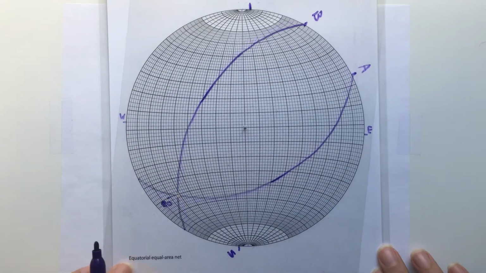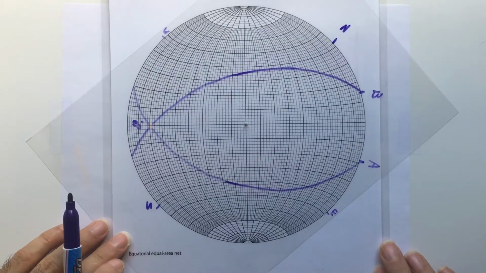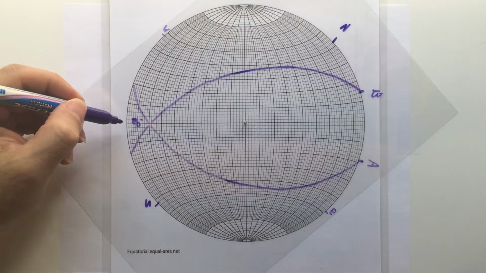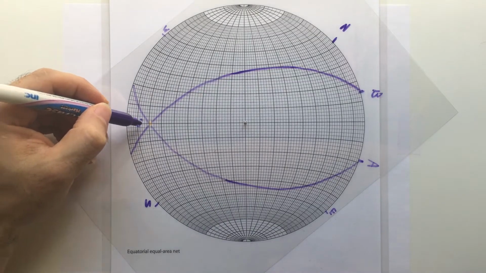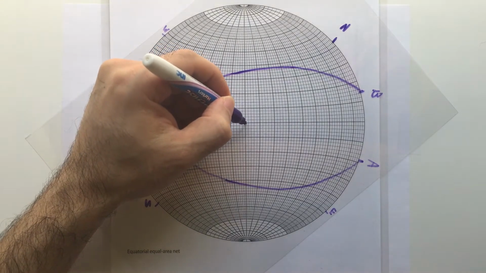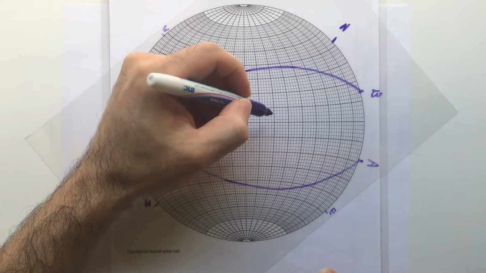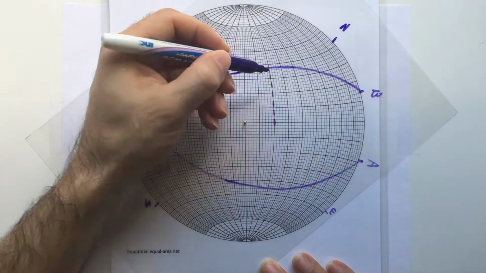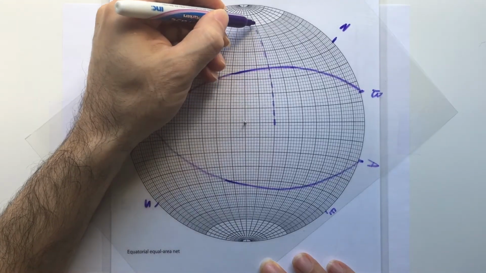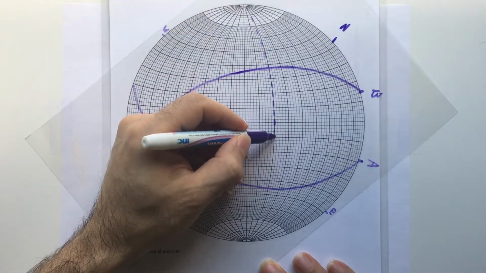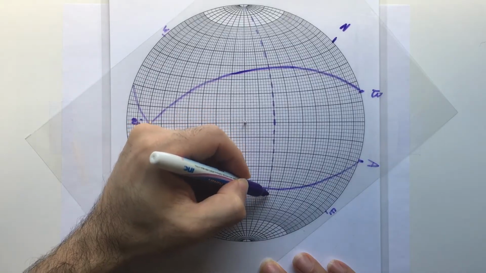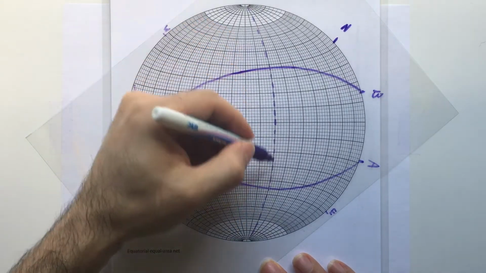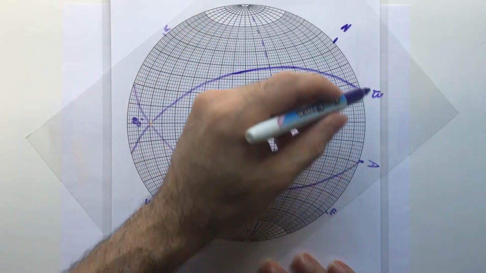So let's find the profile plane. You place this one here, right? From here you count 90 degrees. So I see here it's 20 degrees. I can go from the center 20 degrees in that direction, and dash this profile plane. This is indeed the great circle along which you should count the angle between A and B.